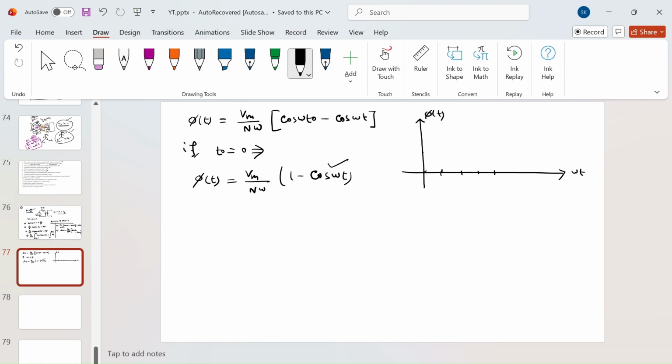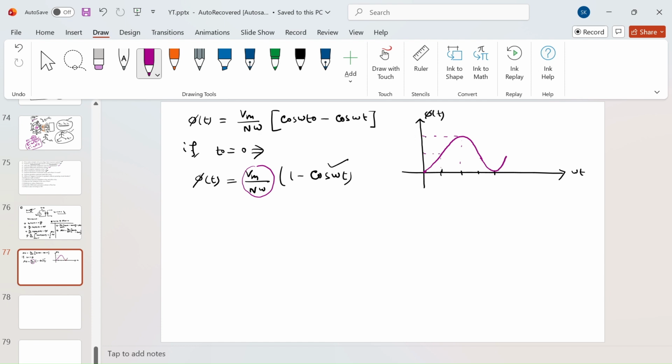At omega t equals 0, the value is 0. At omega t equals pi by 2, I'll have this much value. At omega t equals pi, I'll have twice this value. So the waveform will look like this.